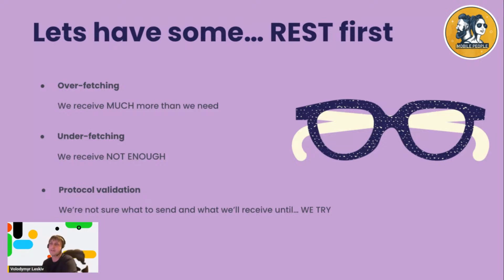But very often you have documentation, but in order to check it, you need to try something, to send a request and get a response. And it's not very convenient from a mobile perspective. Do we have any alternatives for REST?